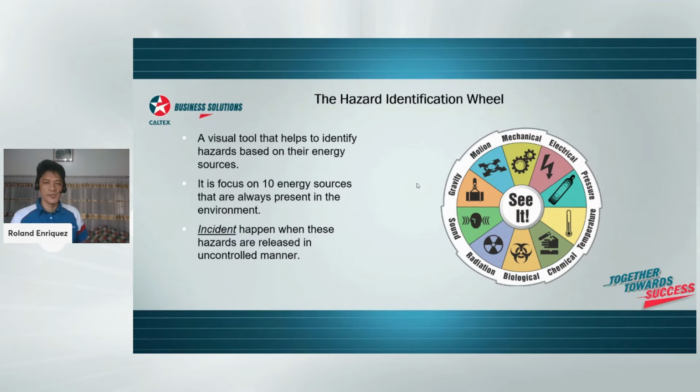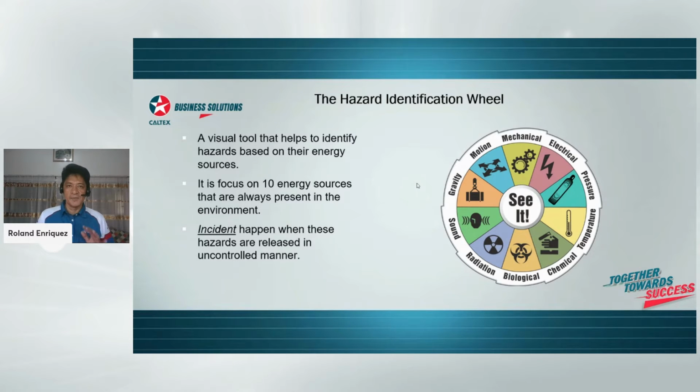But first, let me share with you what we call the hazard wheel, right? This is our visual tool to identify the hazards that are always present around us. These are the hazards that have a potential to cause an injury just in case you are exposed to them, you touch them like electricity, or if they are released in an uncontrolled manner.